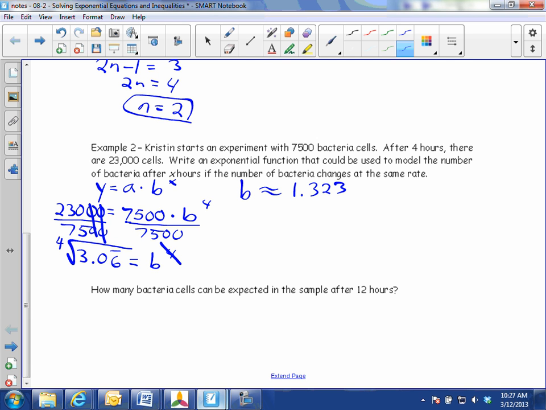So we're going to put it back into our equation because they want to know how we can model the number of bacteria after X amount of hours. So they just want us to write an equation. So we're going to put X and Y back in. We're not going to put numbers for X and Y, they're just going to be X and Y. A stays the same, and our new B goes in there to the X power, and that will be right.